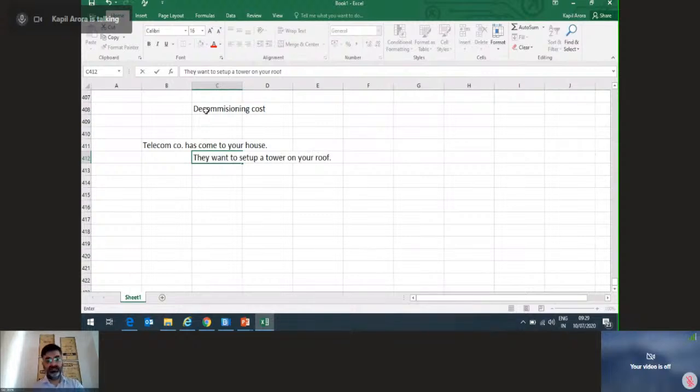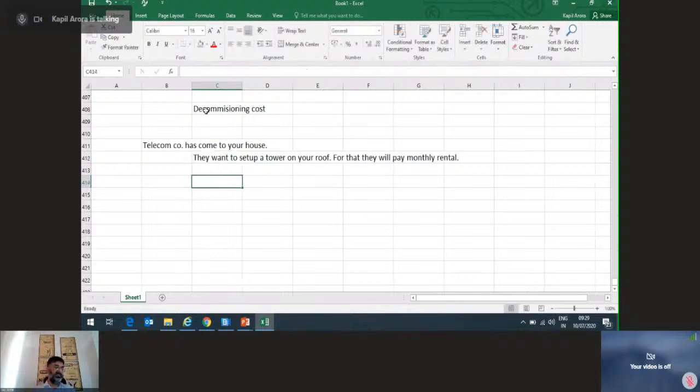For that, they will pay monthly rental. And you have agreed with that. And the tower has been set up. The agreement is for 15 years. So the tower company has set up the tower on your roof, on your terrace, and the agreement is for 15 years.